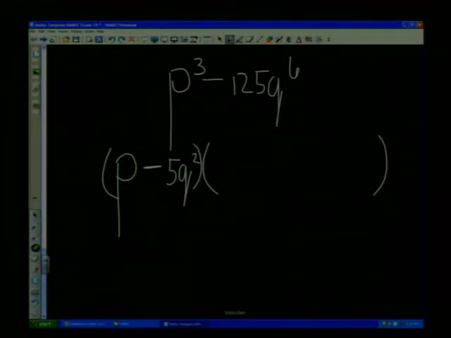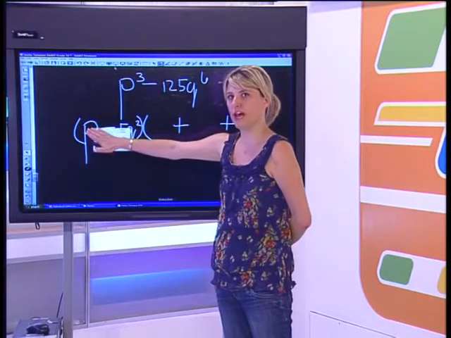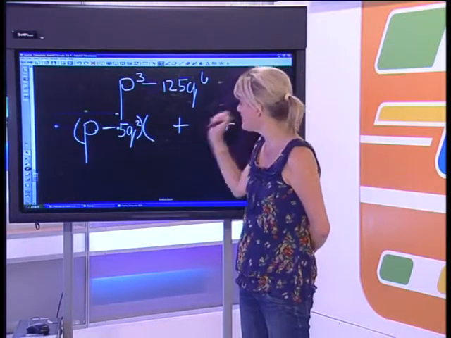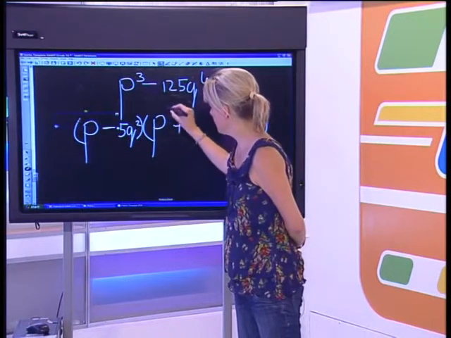Now I've got to deal with the second bracket. Remember, for a difference of cubes, both the signs in the second bracket are then positive. So now I say, what is p multiplied by p? So I multiply the first term with itself, and p multiplied by p is p squared.